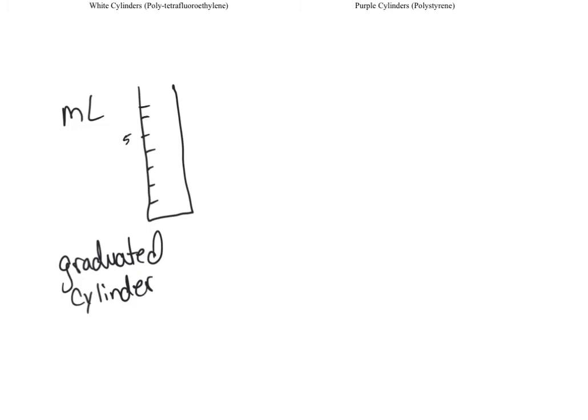Now, we can also, though, use a graduated cylinder to measure the volume of solids, using irregular solids, using what is called water displacement. All right. So let's say that we had an object. Kind of draw an object here real quick. Okay. And let's say that we had the water level inside of our graduated cylinder filled up to 3 milliliters.